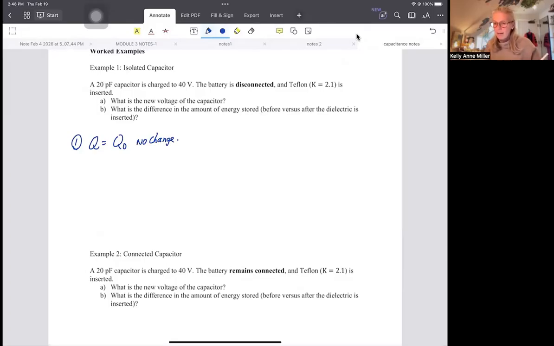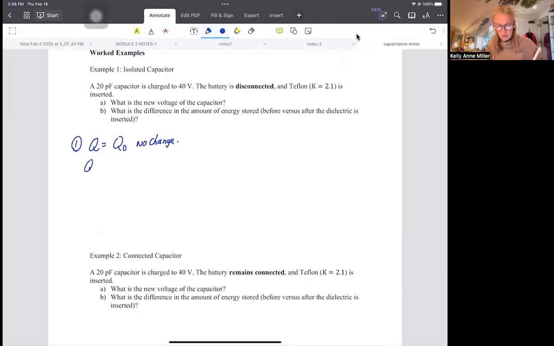And I know that the original charge is just the original capacitance times the original voltage. This is the original capacitance, C naught. This is V naught.